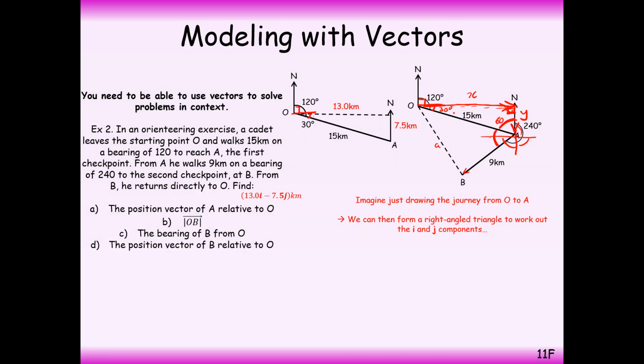So what's left is, let me find a different color for you. So this purple angle here is basically 360 minus 240 and minus 60, because those are on the outside of the purple angle there.